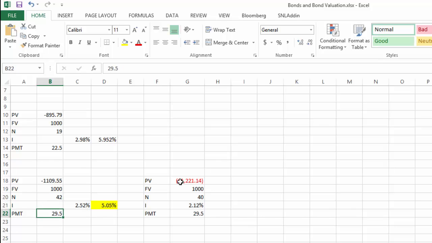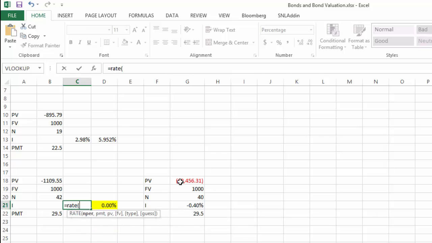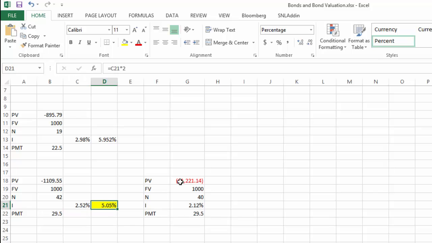The payment was given to us as $29.50, and so if I solve for the rate, again I'm solving for rate with the number of periods, the payment, the present value, and the future value. I'm doubling that here, and I've got an annual interest rate of 5.05%.